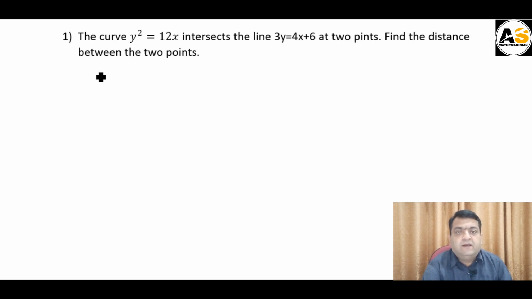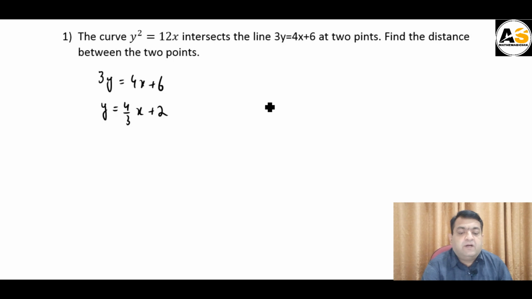How do we find the intersection of two different graphs? We find the intersection points of two different graphs. We find their simultaneous solution. Here, the first equation is 3y is equal to 4x plus 6, or I can write y is equal to 4 by 3x plus 2.